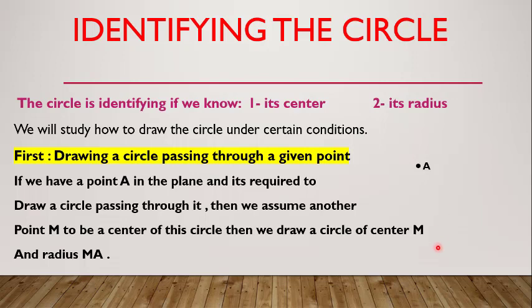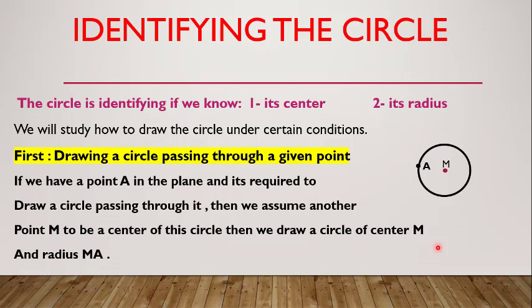I don't have a radius, I don't have a center, so I'll assume any point in the plane to be the center, for example, point M. I want this circle to pass through point A, so point A should be on the circle. So I'll open my compass, the radius will be the length of MA. And I'll draw the circle.